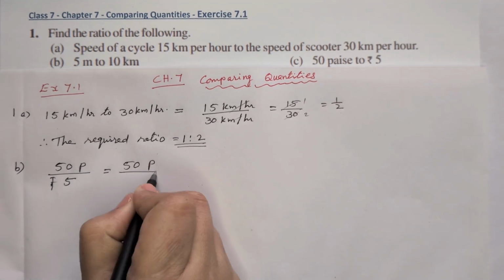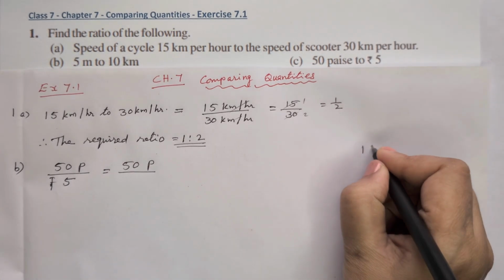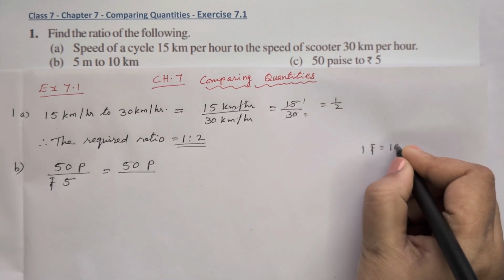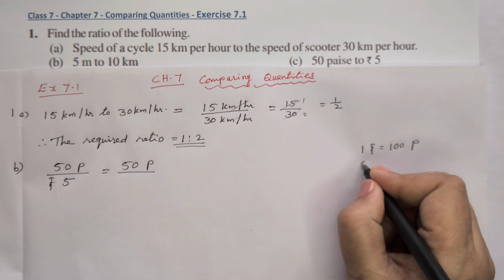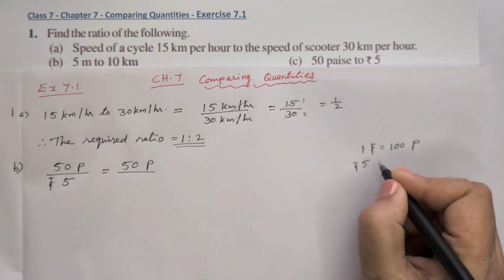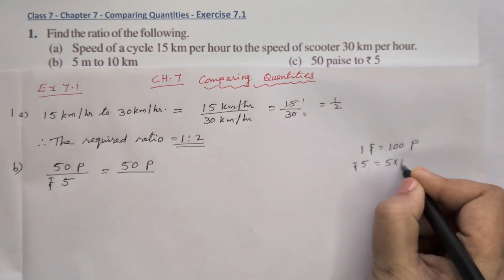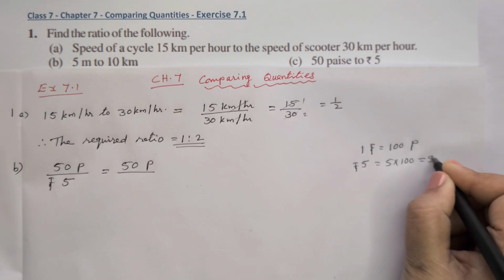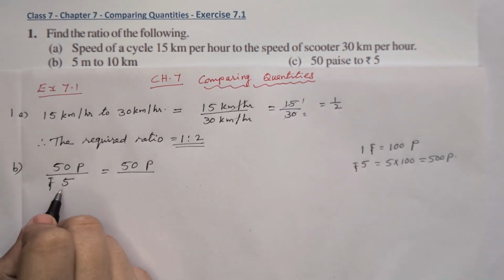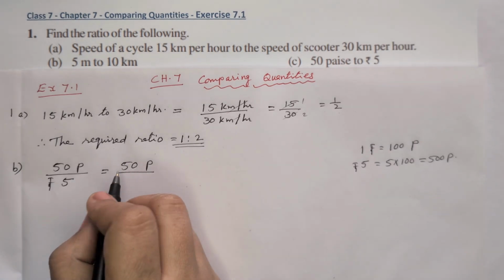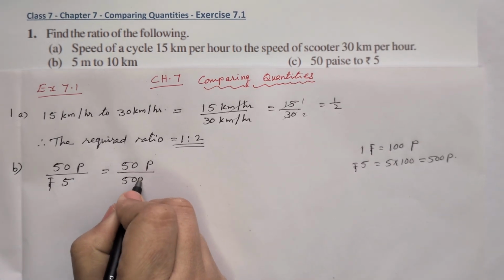We know that 1 rupee is equal to 100 paise. So 5 rupees is equal to 5 into 100, which means 500 paise. So in place of rupee, we can convert that to paise. It will become 500 paise.